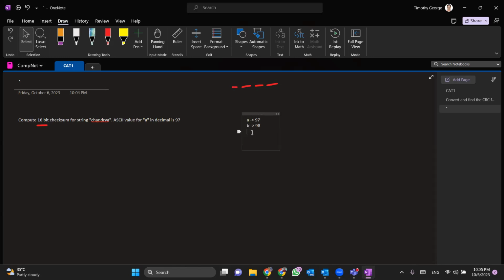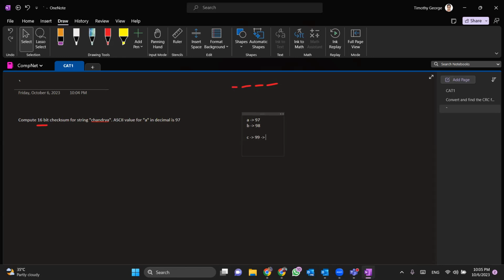If you went on for Chandra, you would get a list of values. I did all that work, so C would be 99.